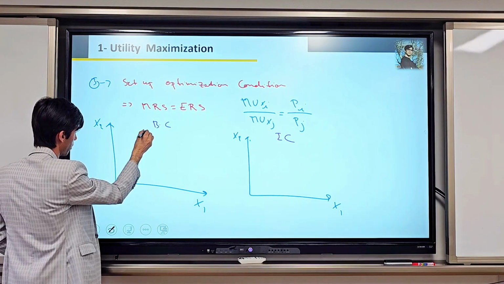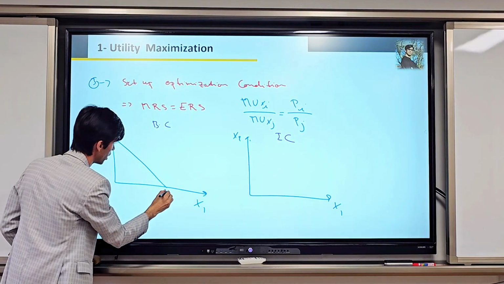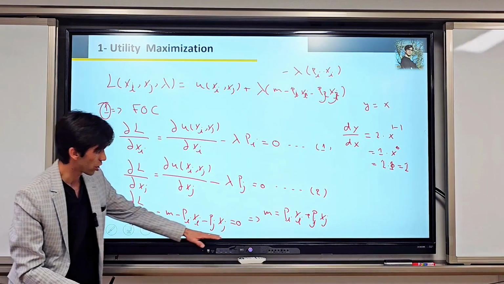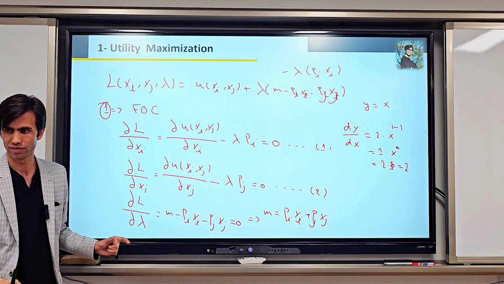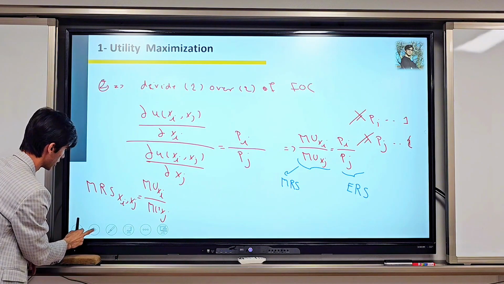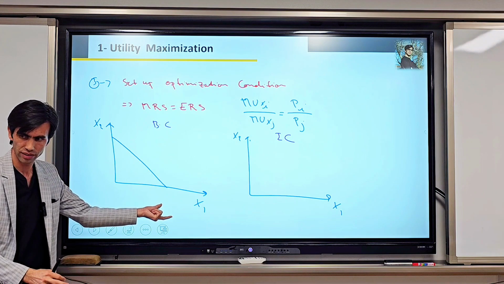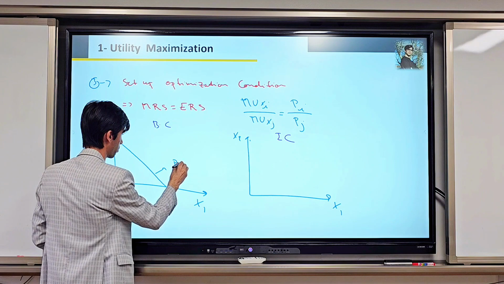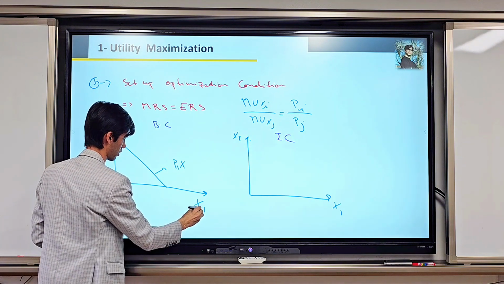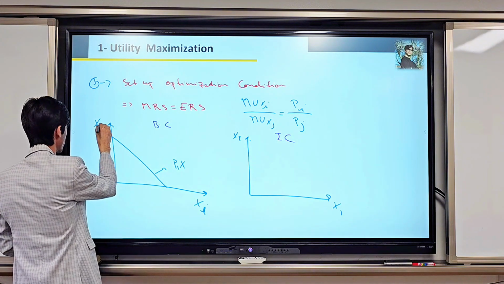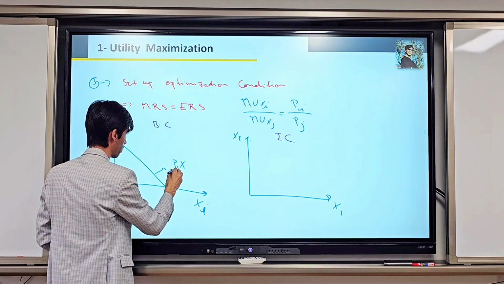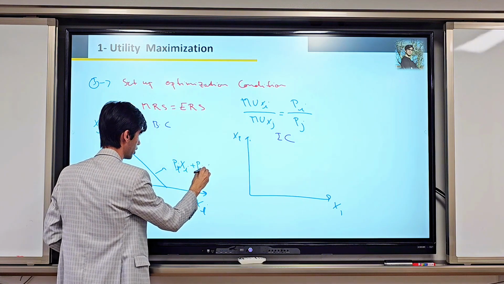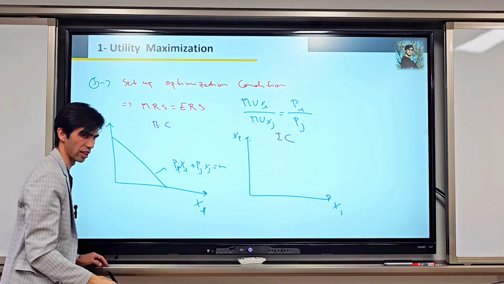If you see this budget constraint, the budget constraint is linear, so the graph for this budget constraint also should be linear. Let's say this one is xi, this one is xj. The budget constraint is pi xi plus pj xj is equal to income.